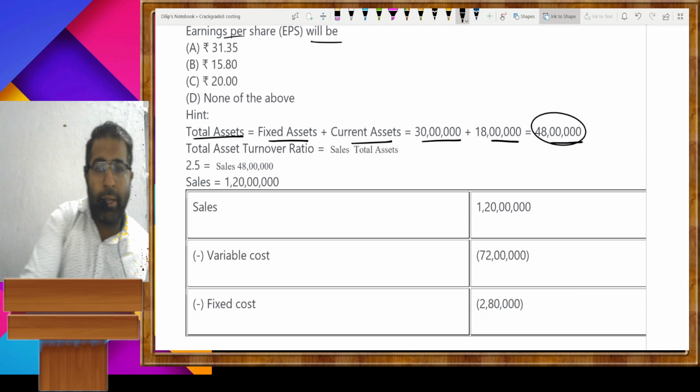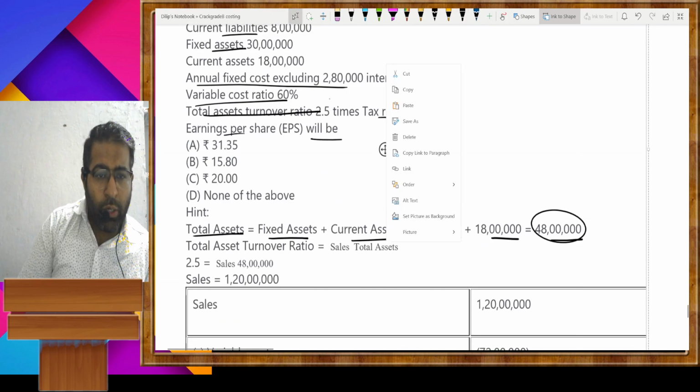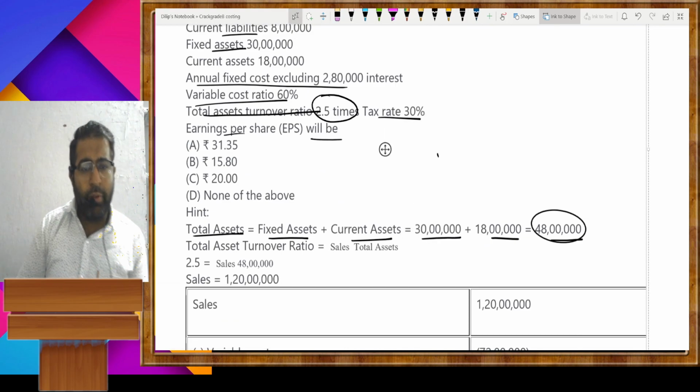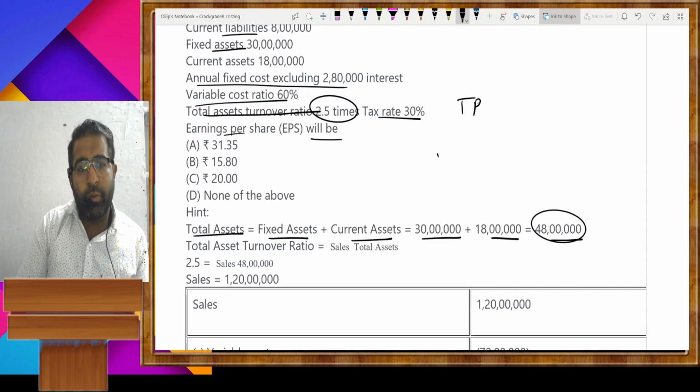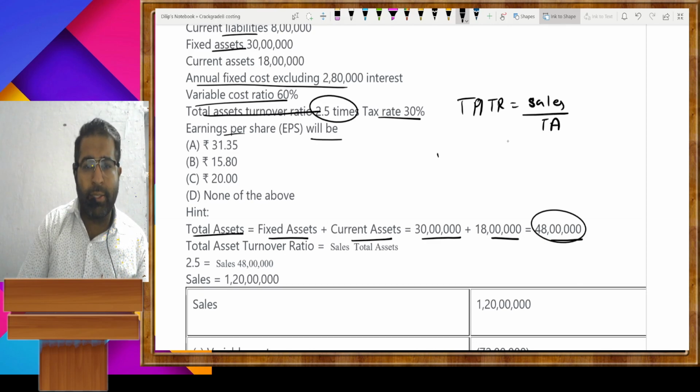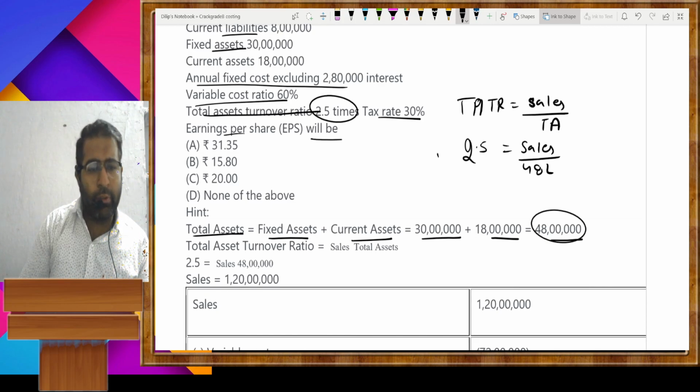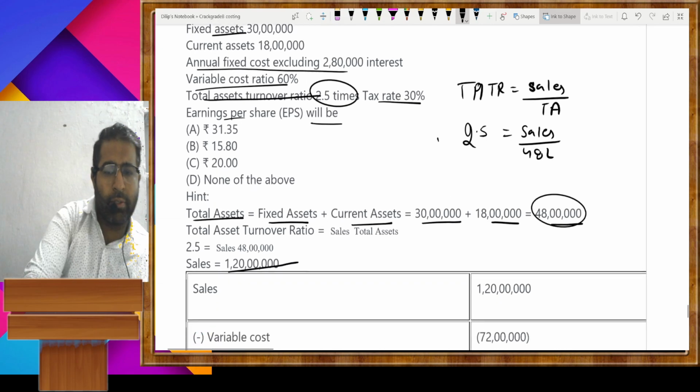Total assets 48 lakh. Now, the total assets turnover ratio is also given. How will you calculate it? Total assets turnover ratio equals sales divided by total assets. Sales we don't know; total assets turnover 2.5 is given. Sales divided by total assets, which we calculated as 48 lakh, so the sales value is 1 crore 20 lakh.